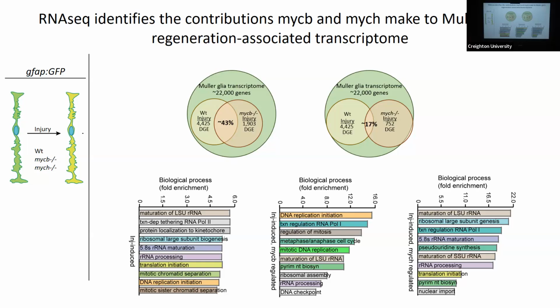When you look for the enrichment of biological processes, what you find is a lot of ribosome biogenesis, translation, DNA replication, and mitosis in the injury responsive Müller Glial. When we look at those that are just regulated by the MYC-B gene family, what seems to come to the top of the list is the mitotic type chromosome replication, and lower are the RNA ribosome assembly and the ribosomal RNAs.